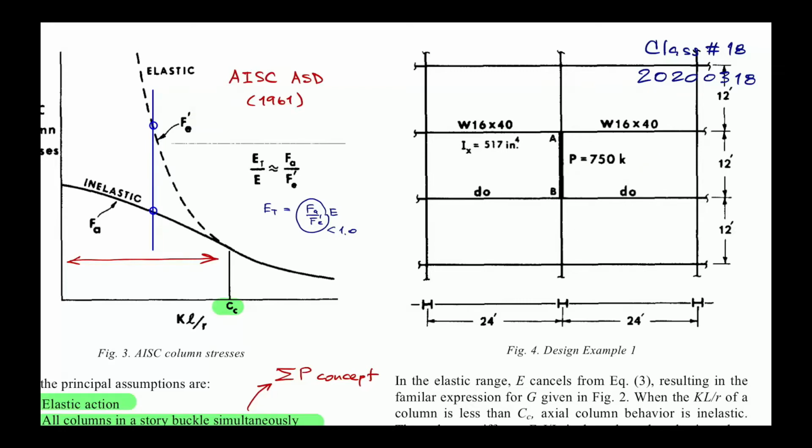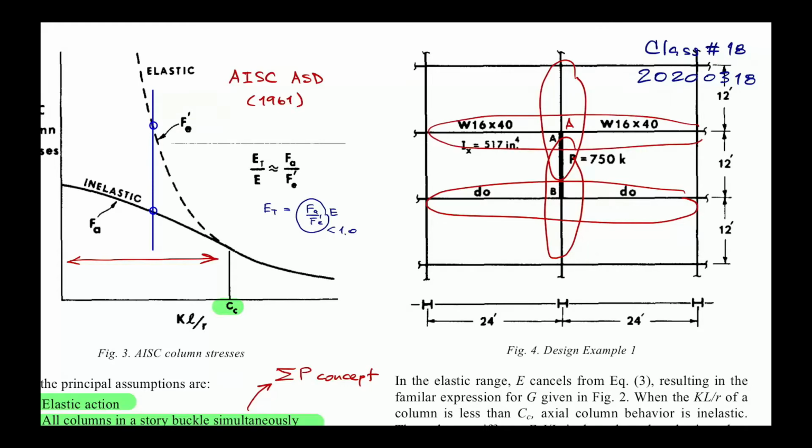So for the point A, you sum up this column. For the point B, you sum up these two columns, and then you divide by the rotational stiffness of the two beams for B, and this is for A. Alright, so clean this up.